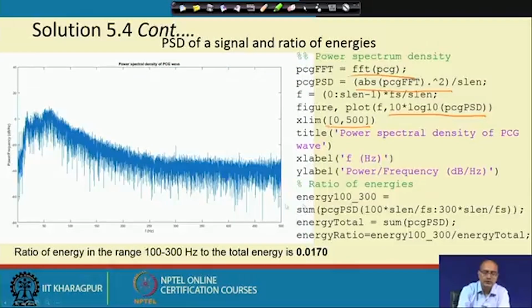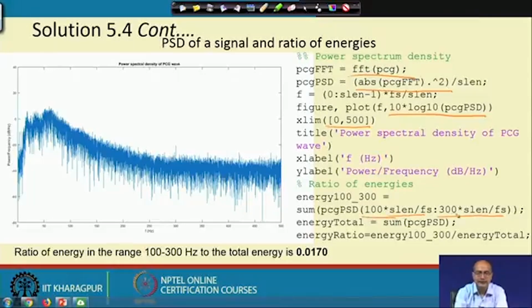Here we see the spectrum, and then we also calculate how much energy is there between 100 and 300 hertz.